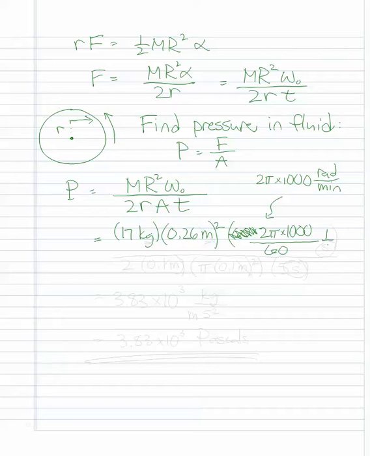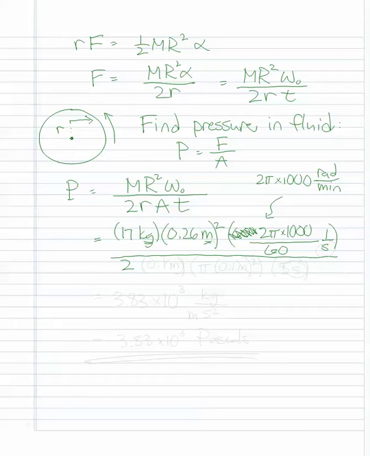Radians per second. And a radian is kind of a fake unit, so that when you multiply it by anything else, like these meters or these kilograms, it goes away. Okay, divided by 2 times where the pistons are against the wheel.